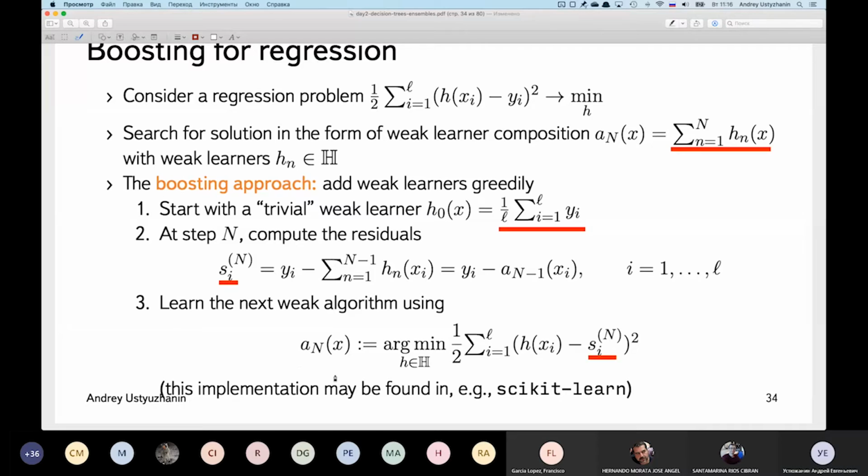This way, it is natural how you can combine those weak learners together, and you will see that by design, every learner on top of the previously built hypothesis reduces the mean squared error.